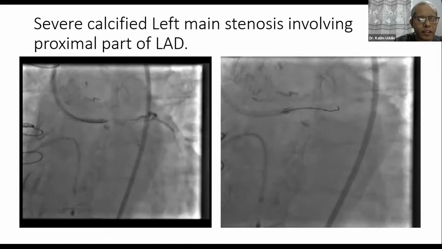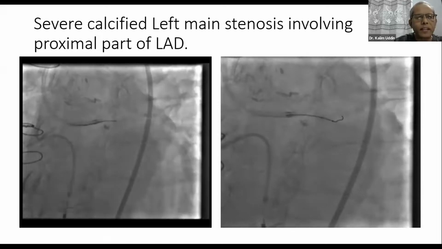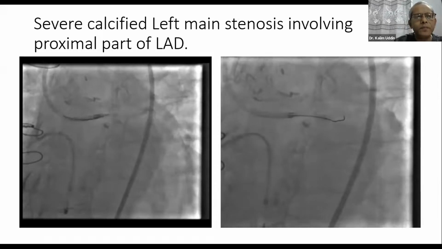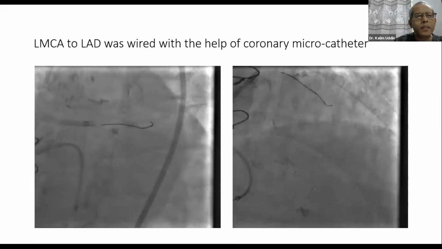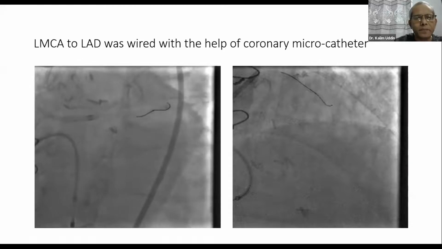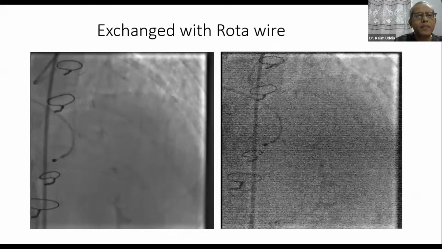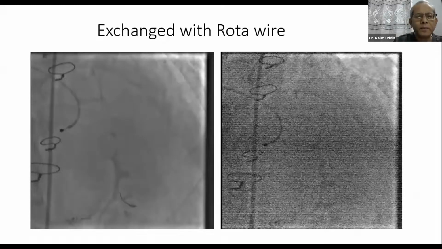Wiring of the left main to LAD with a floppy wire failed, and then we took a Pilot 50 wire and wired with the help of a coronary microcatheter. Then we exchanged with a rota wire.